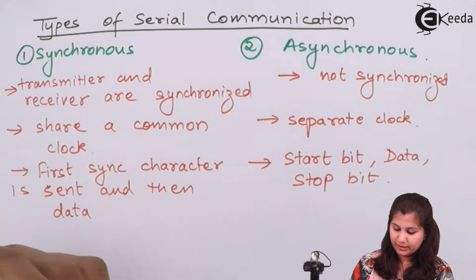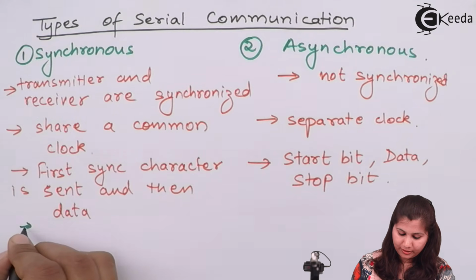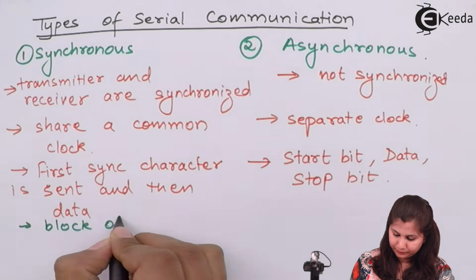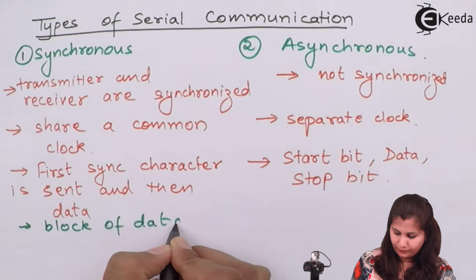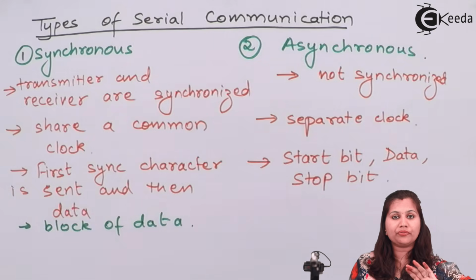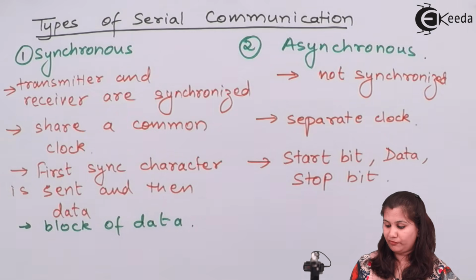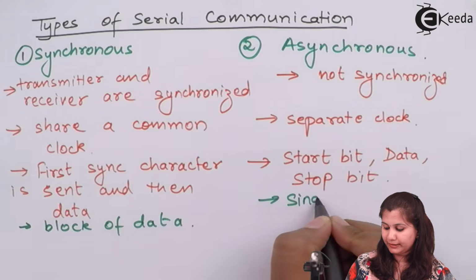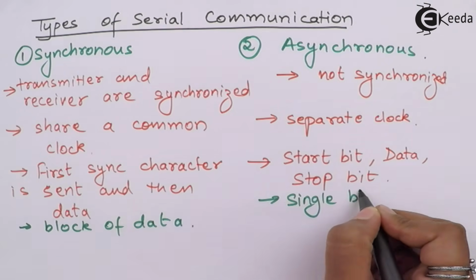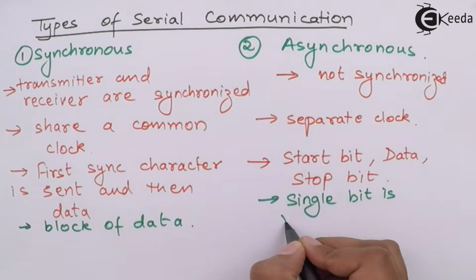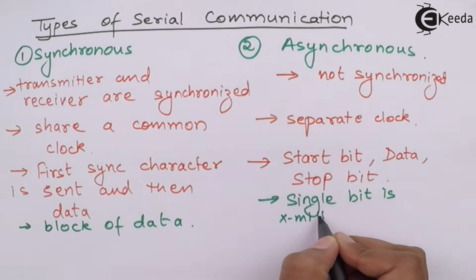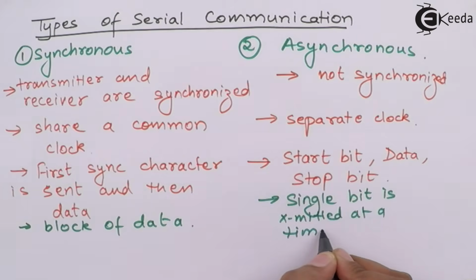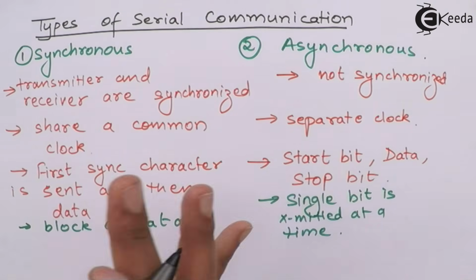Now in synchronous, we send a block of data, meaning blocks of data are transmitted at a time, whereas in asynchronous, a single bit is transmitted at a time. So these are the differences.